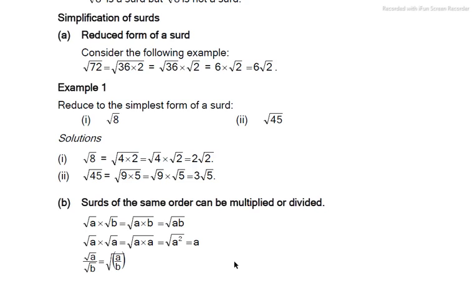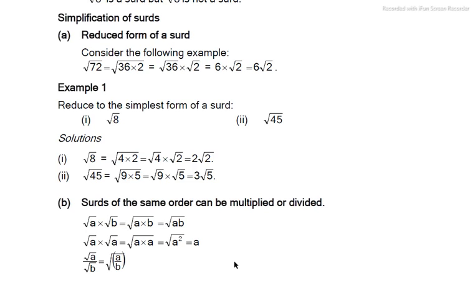Let's come back. We were looking at simplifying root 72, and we've said that the condition is we get the factors of 72, but one of them must be a square number. Probably those factors are 36 and 2, because 36 is a square number. So 72 is the same as 36 times 2.